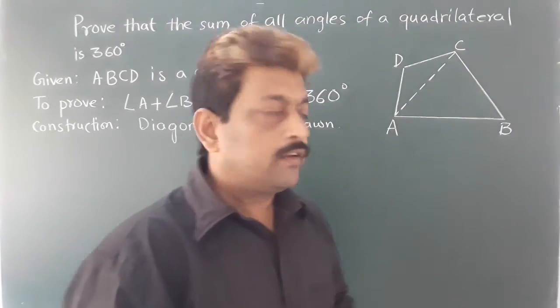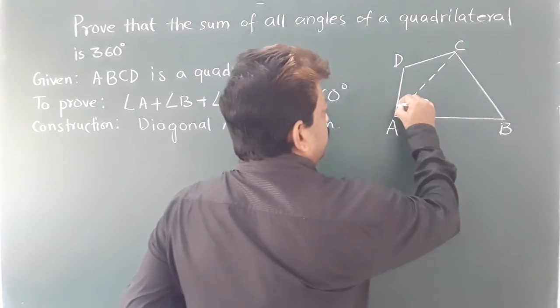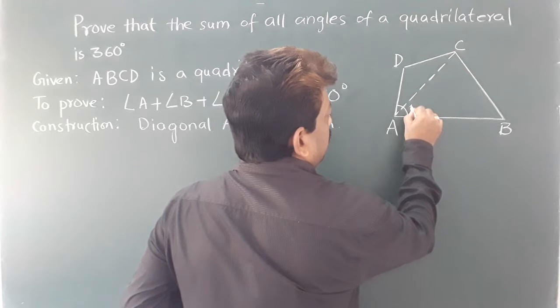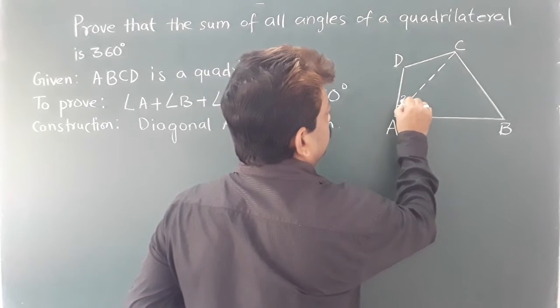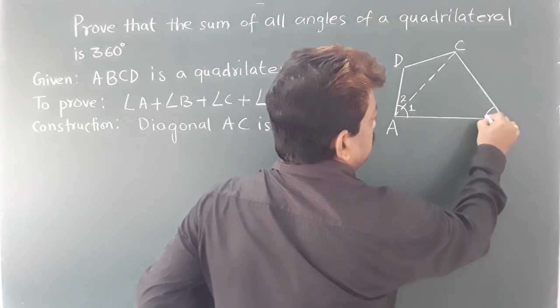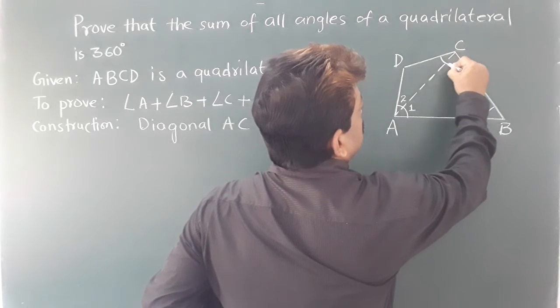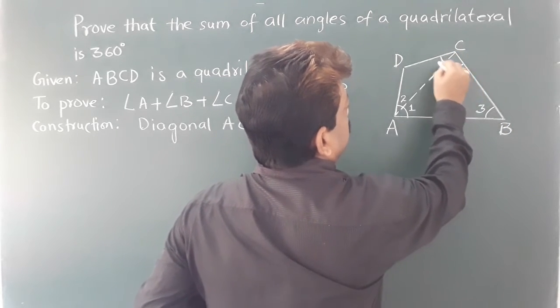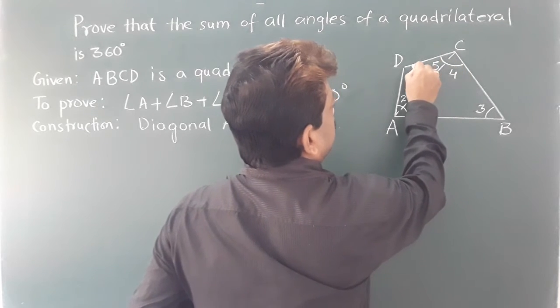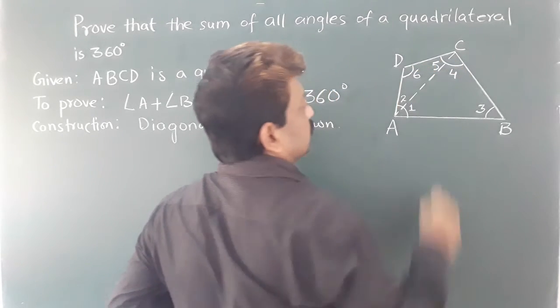So let me prove that. Let me take these angles as angle 1, angle 2, this angle B is angle 3, angle C is 4 and 5, and angle D is angle 6. Okay?